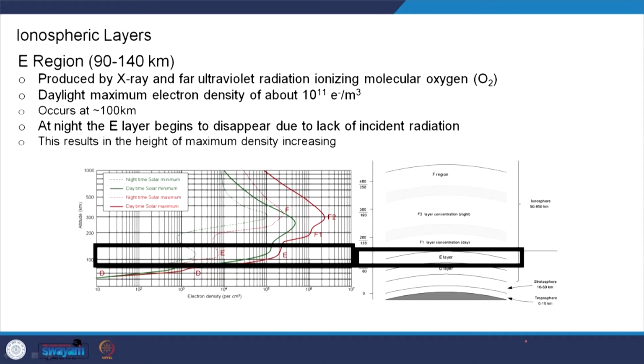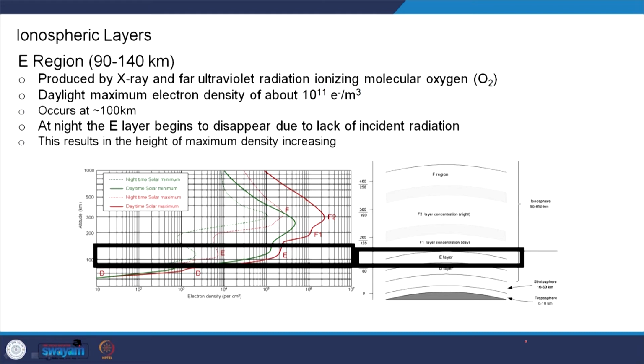Then the E layer. So, the E layer is the region of the ionosphere that is above the D layer and below the F1 layer. This layer is mainly produced by X-rays and far ultraviolet radiation ionizing the molecular oxygen. In the D layer it was the hydrogen Lyman alpha which ionizes the nitric oxide and produces electron density of the order of magnitude of let us say 10 to the power of 8 to 10 to the power of 10 per meter cube.